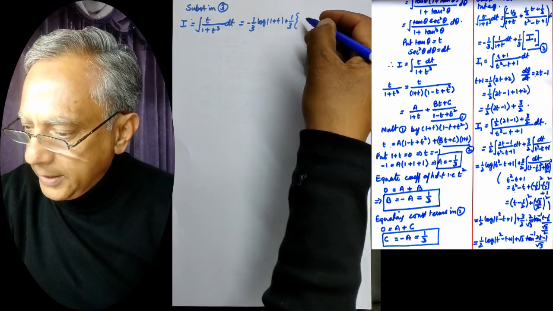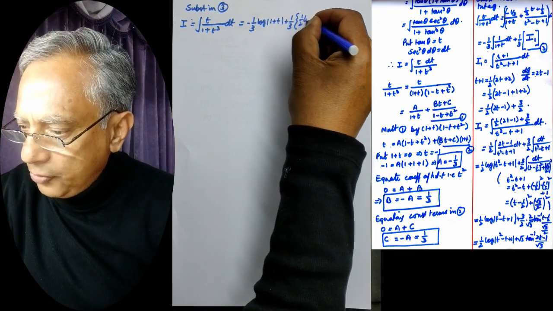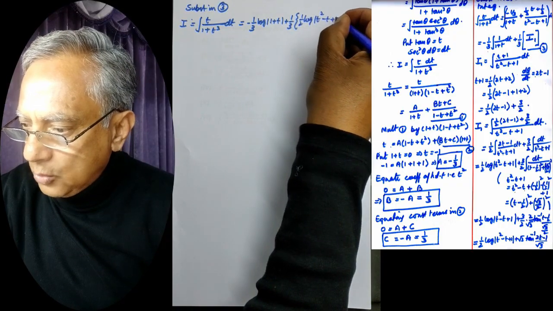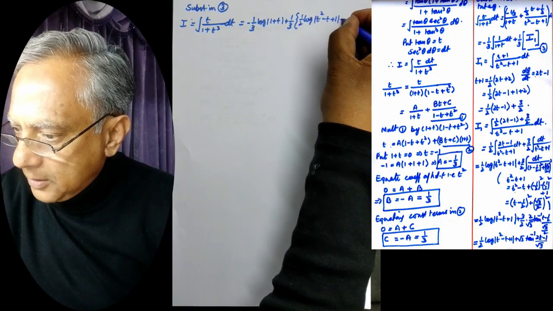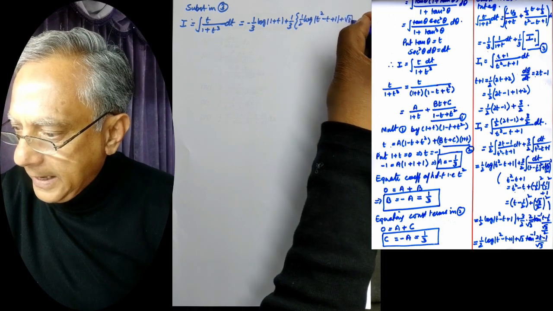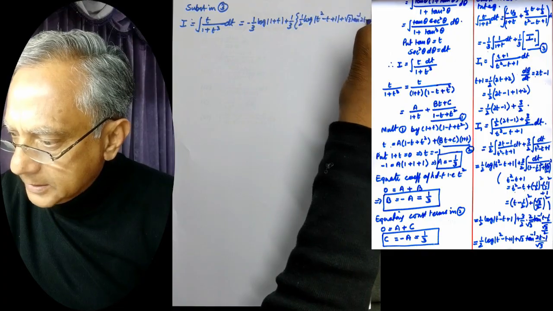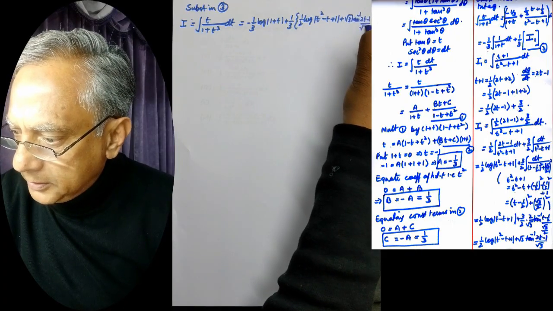I1 is 1 by 2 log of t square minus t plus 1 plus root 3 tan inverse 2t minus 1 by root 3.